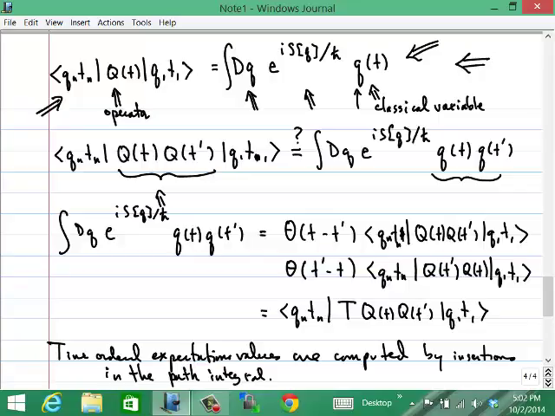So when I say it's a classical variable, I mean it's a function. You know, q of t is a number. Okay, it's the function q evaluated at time t. And the point here is that the function q evaluated at time t times the function q evaluated at time t prime is equal to the function q evaluated at time t prime times the function q evaluated at t. Okay, so these guys commute, whereas these guys don't commute.